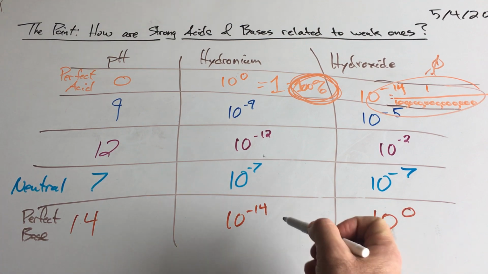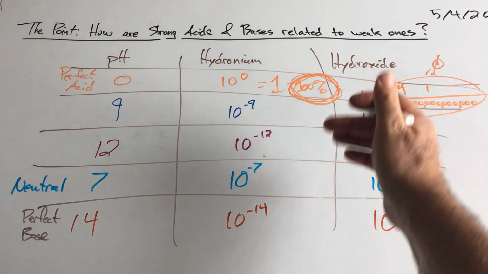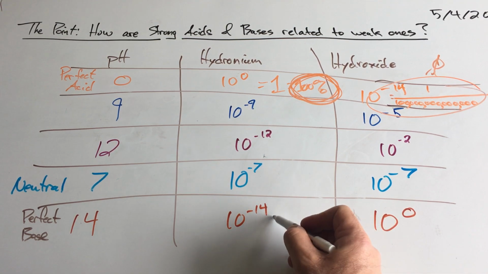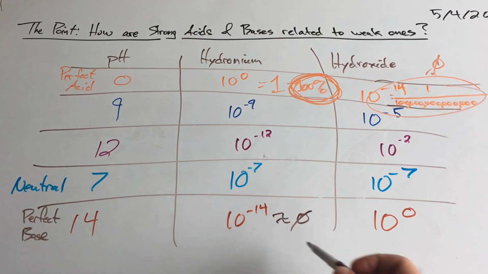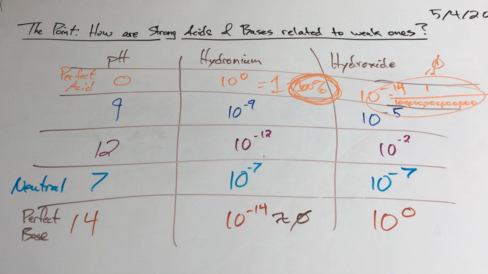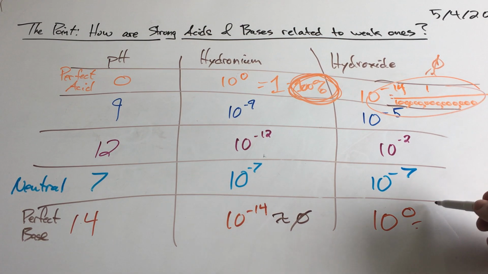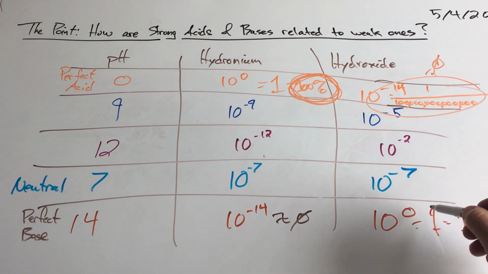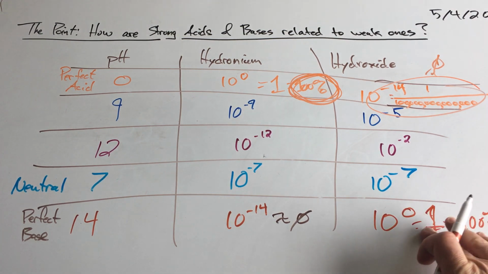And then we notice that this just flips. Now the 1 over 14 zeros, which is basically 0 here, happens there, right? And this 10 to the 0 is 1, or 100%, just barely fitting on the screen.